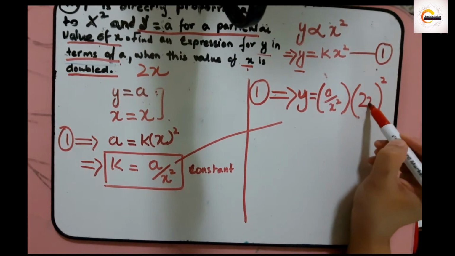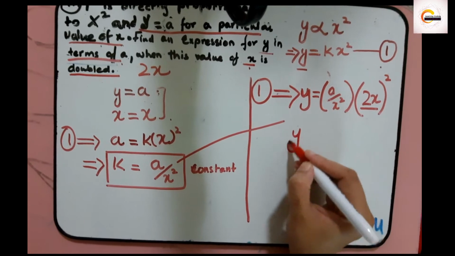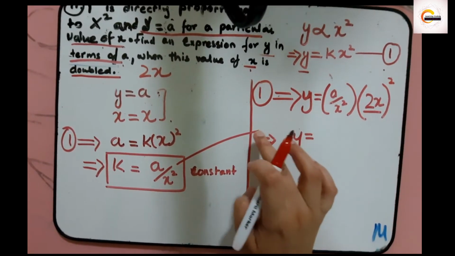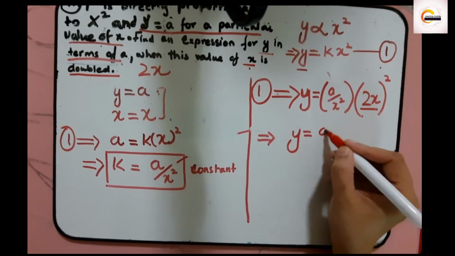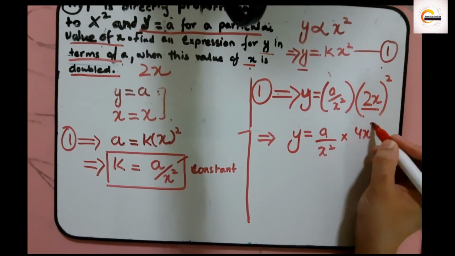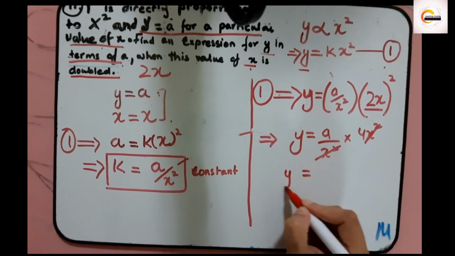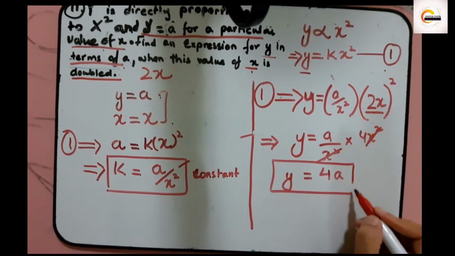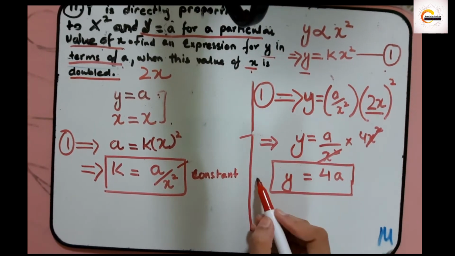So I am going to put the value of x as doubled. y = (a/x²) multiplied by 4x², x² cancels, y = 4a. Now your expression for y is in terms of a.